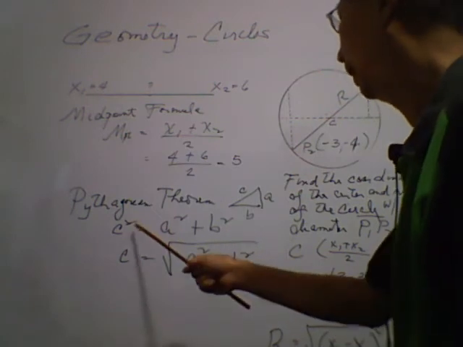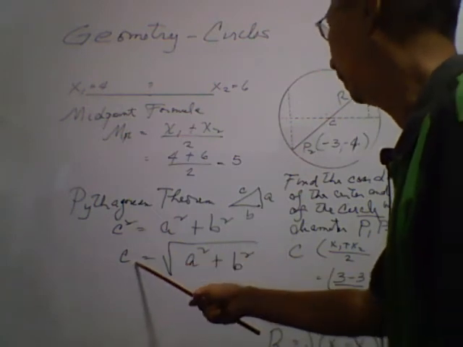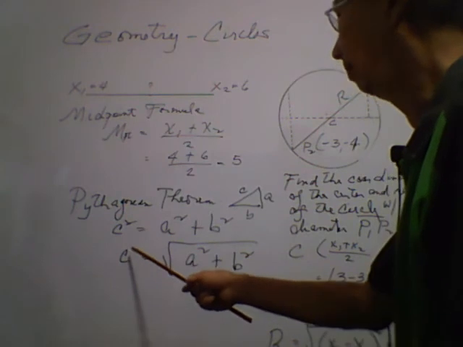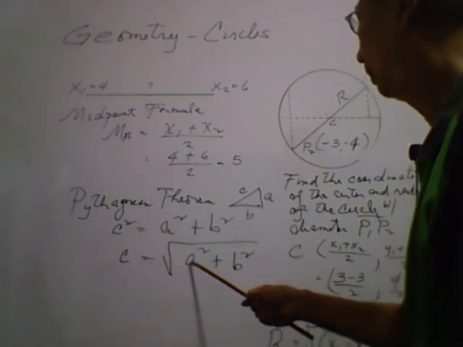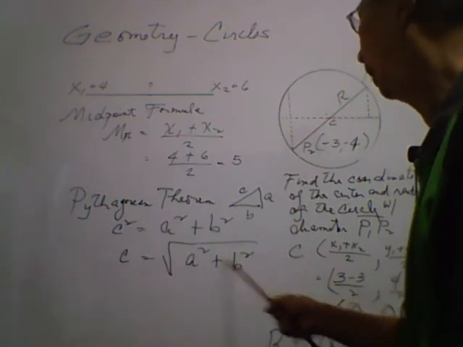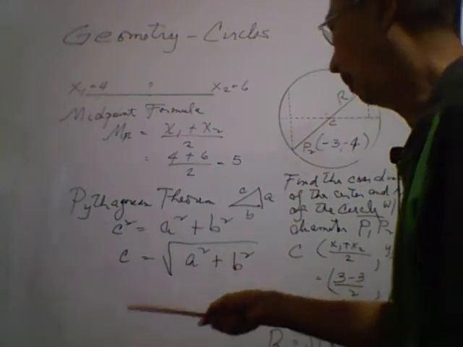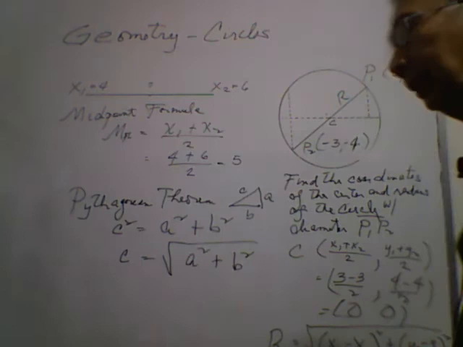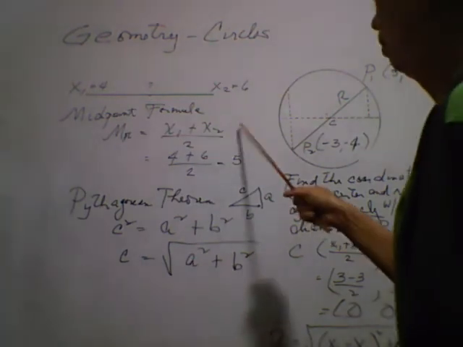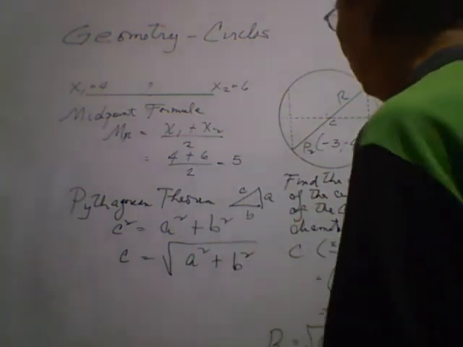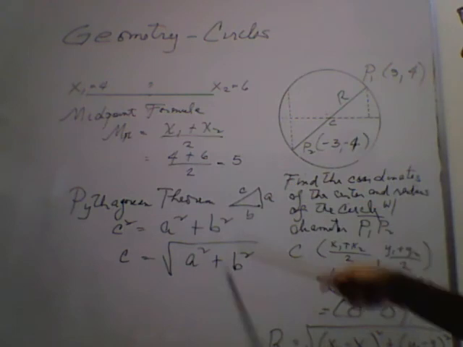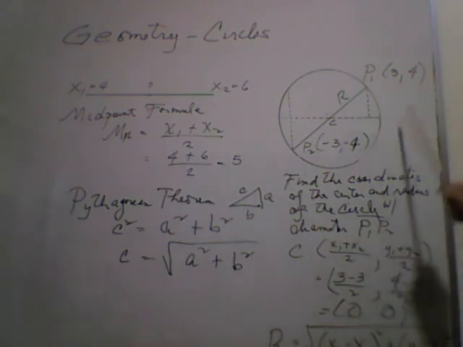Then we get the square root of both sides of the equation to get the value of c. So we add the squares of these two sides, take the square root, and you get the value of c. Now, these two important formulas, we'll apply in dealing with circles.